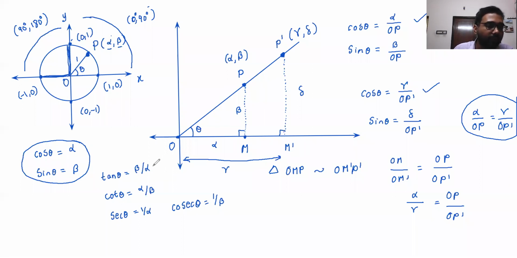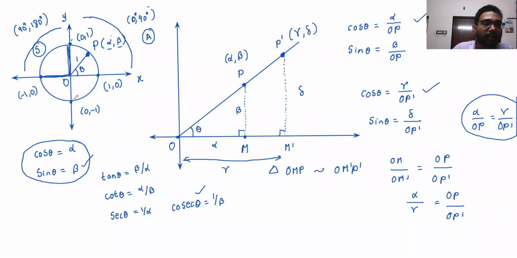Tan will be negative because positive upon negative, cot will be negative, secant will be negative. So only sine and cosecant are positive in the second quadrant. In the first quadrant all values are positive. In the second quadrant, sine and 1 by sine only have positive values, and all other trigonometric functions have negative values.